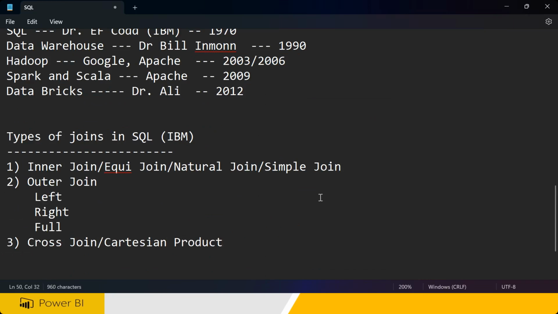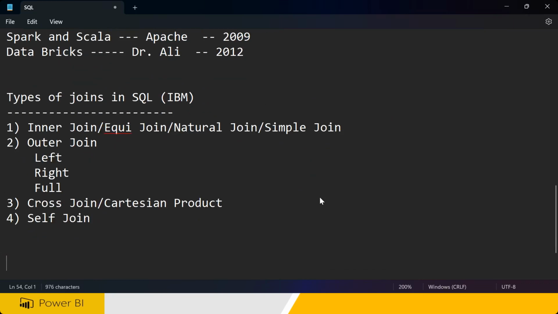The fourth one is called a self join. So these are the joins in SQL. SQL means SQL Server, Oracle, Sybase, whichever you learn. These are the types of joins: inner join, outer join, cross join or Cartesian product, and self join.